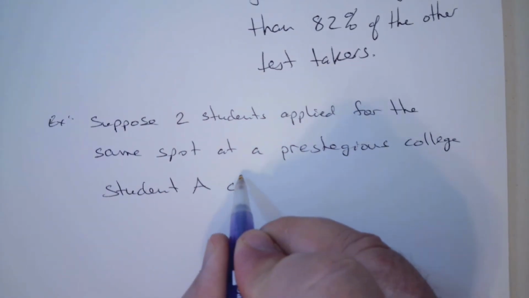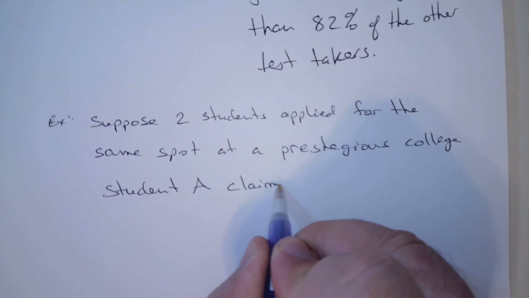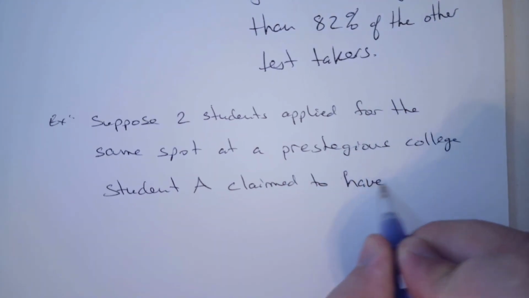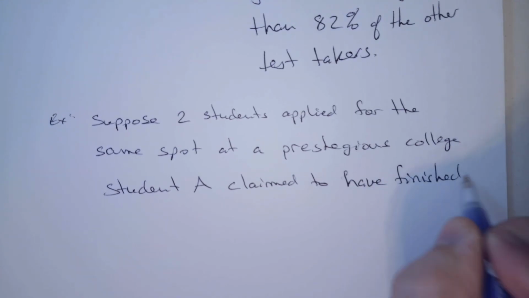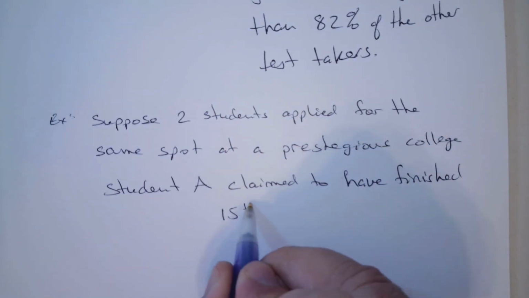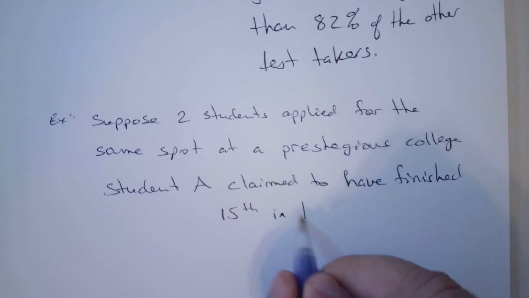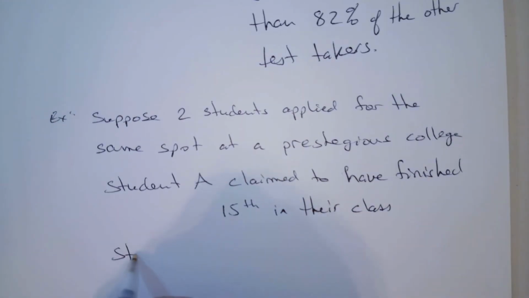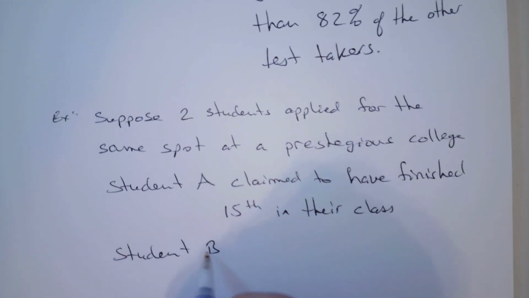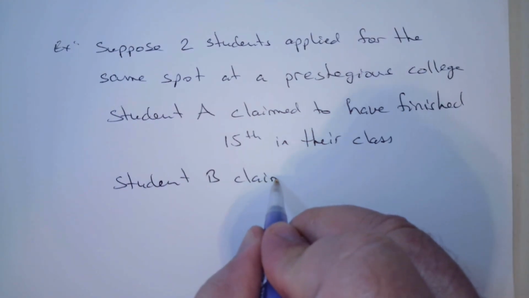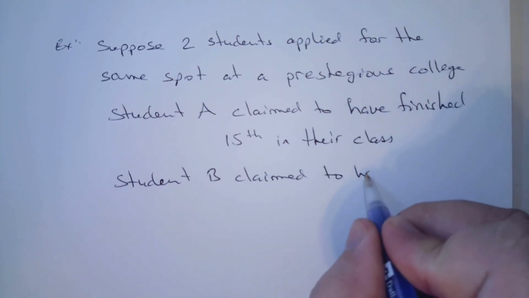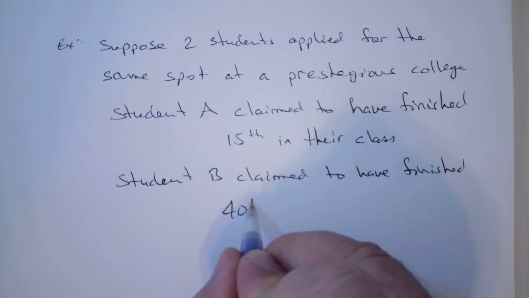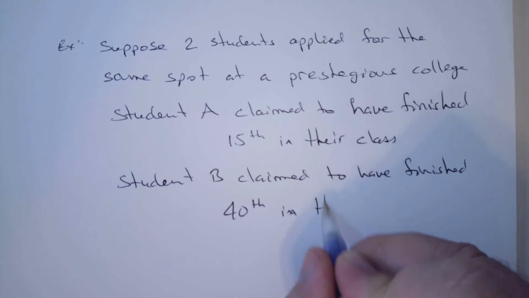Student A claimed to have finished 15th in their class. Student B claimed to have finished 40th in their class.